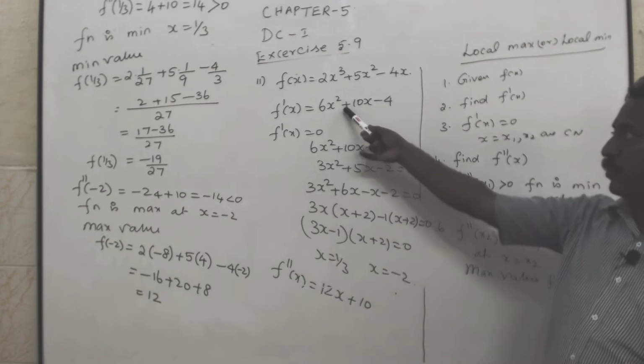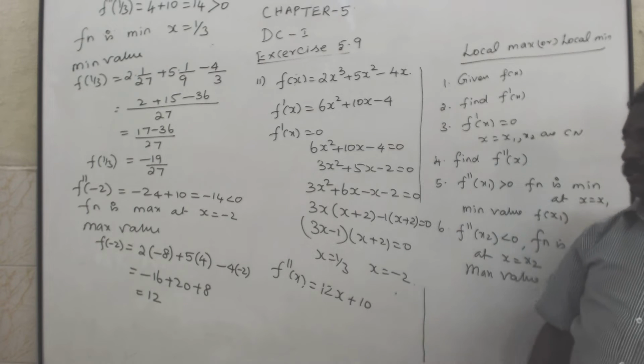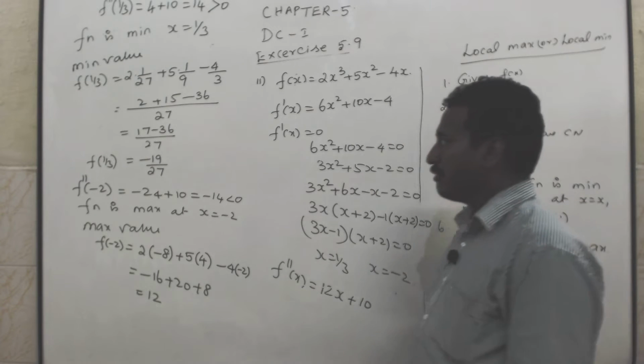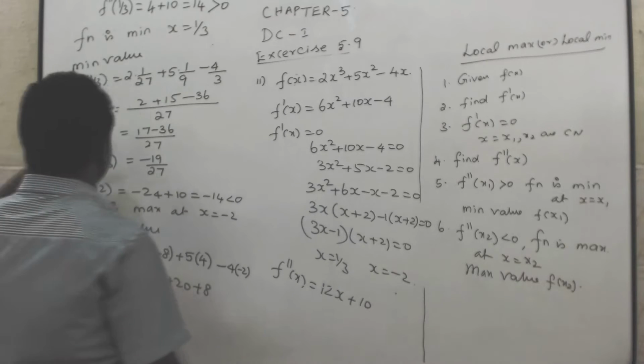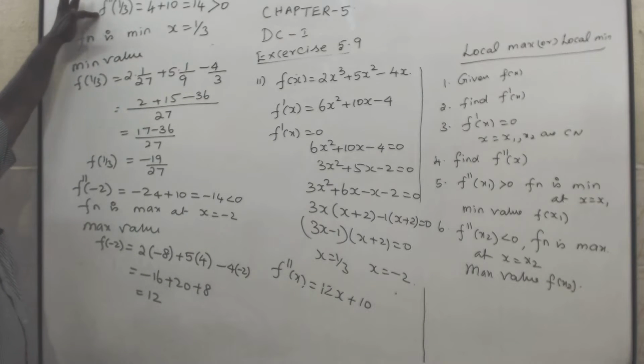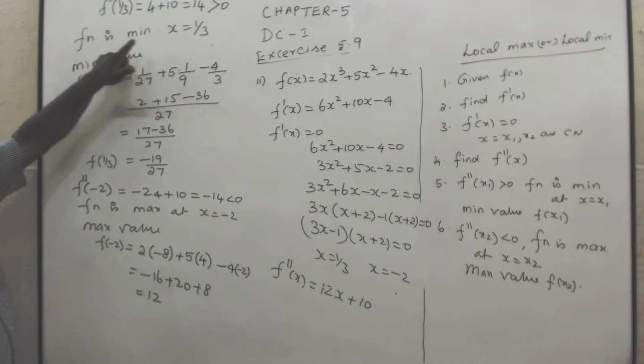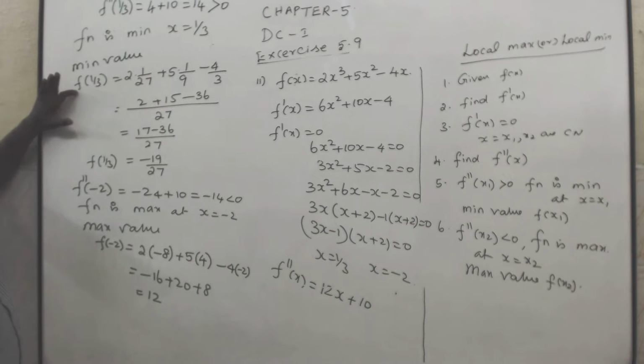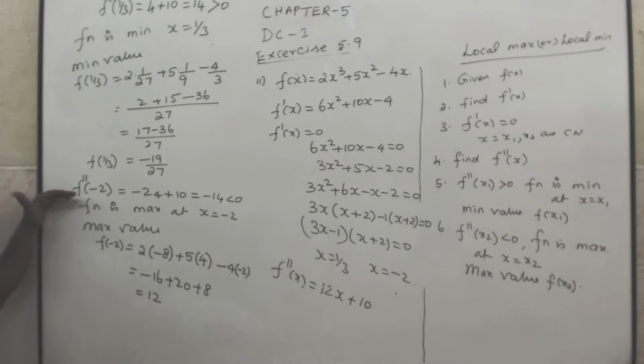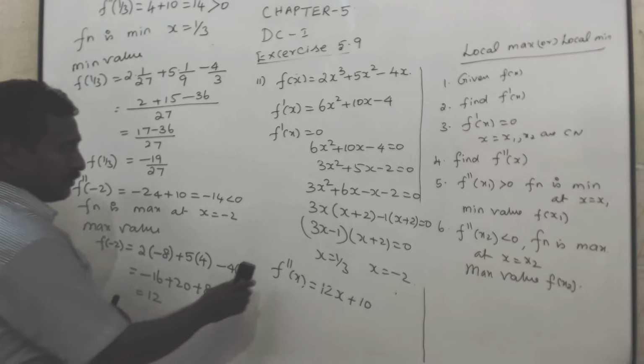Find the second derivative, once again differentiate this equation, then simplify, will get the same result. f double dash of 1 by 3 positive, function is minimum. Minimum value means substitute 1 by 3 in the problem. Same way, substitute minus 2 in second derivative, negative, that's why maximum value. Same way you have to solve all the problems.